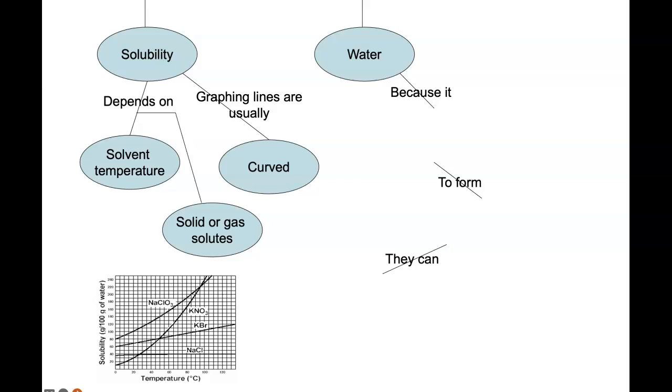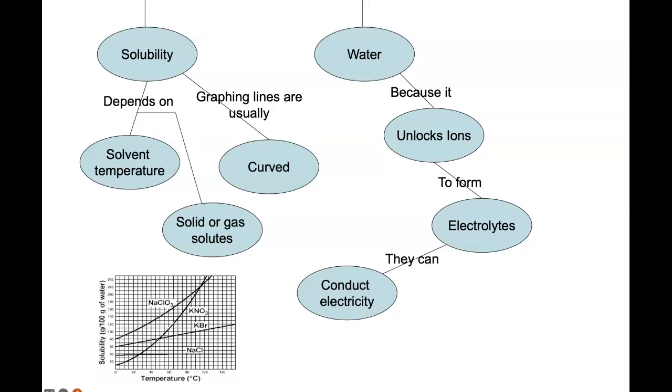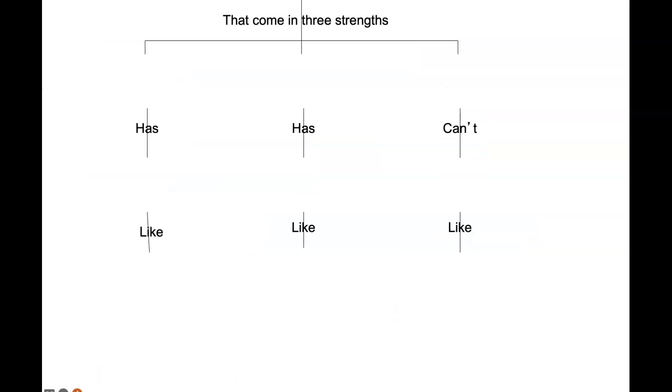Why is water often used as our solvent? Because it is really good at unlocking ions to form electrolytes. And these electrolytes are able to conduct electricity. There's 3 different strengths of solutions.